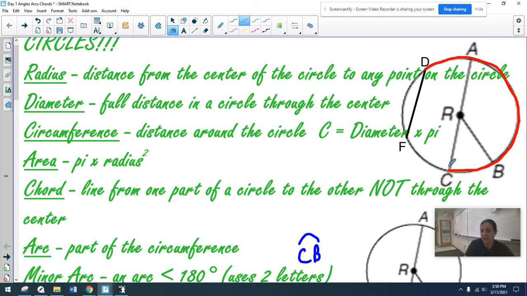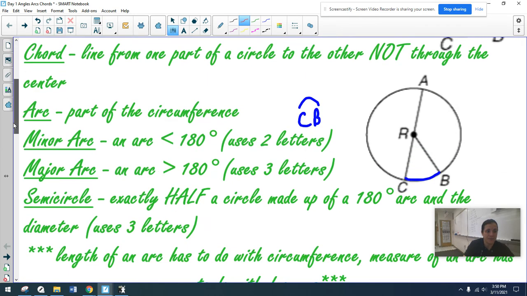This is half the circle right here. So from C to B to A, that would be half the circle. More than 180, we had to go a little further. Okay, so a major arc uses 3 letters. Make sure you use the beginning and the ending, and you need to pick one in the middle. So it would be arc CBD. That's how that one would look.